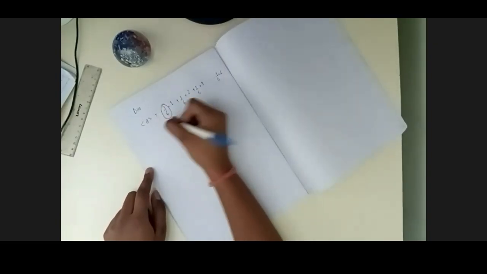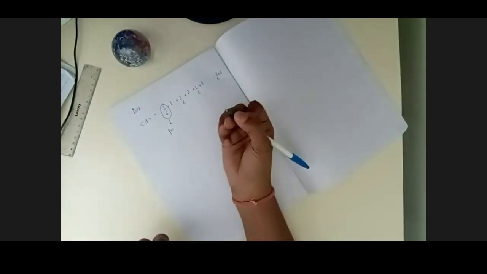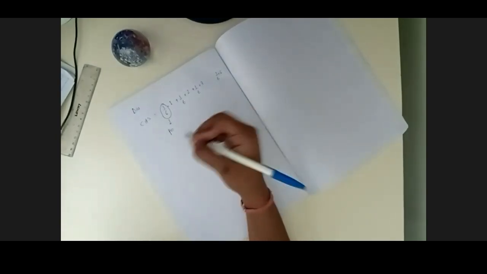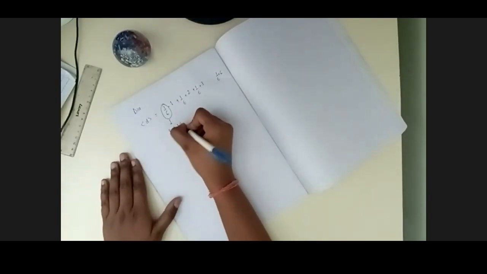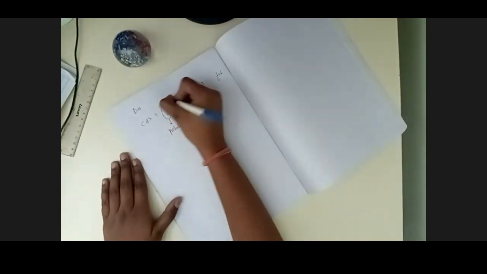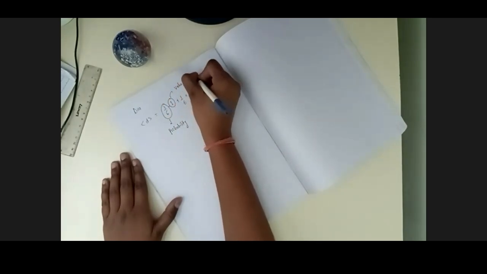So here, what is 1 by 6? It is the probability of having 1 on the dice. And 1 is our value of the system, right?